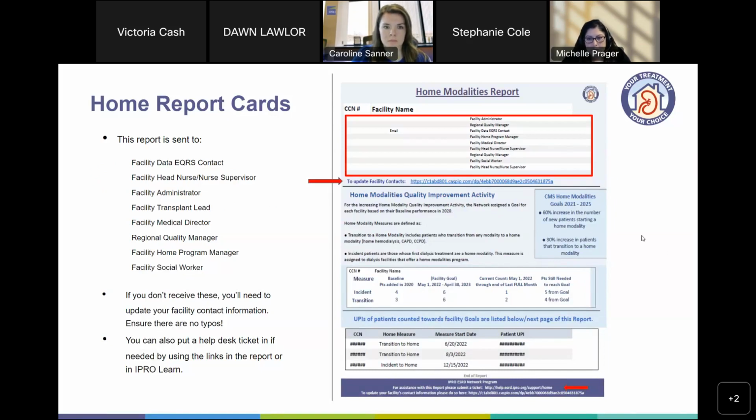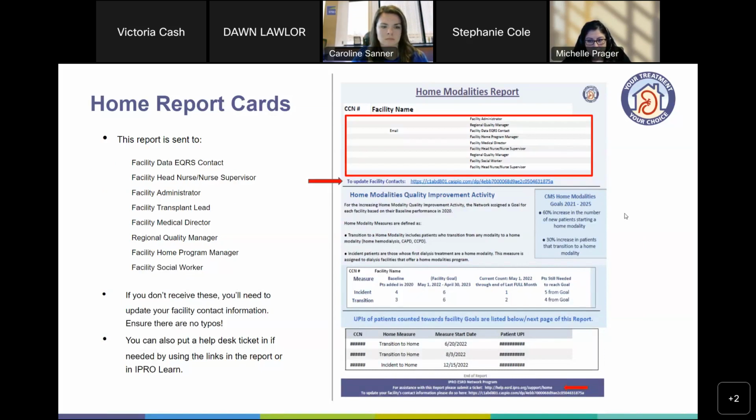So the home report cards are sent to the following people in the facilities, the same as transplant: the EQRS contact, the head nurse supervisor, administrator, transplant lead, medical director, regional quality manager, home program manager, and social worker.